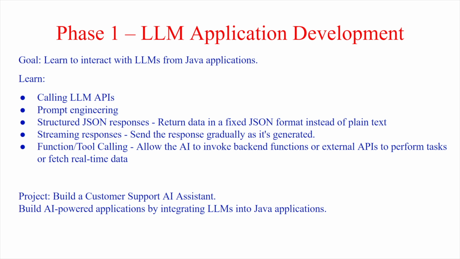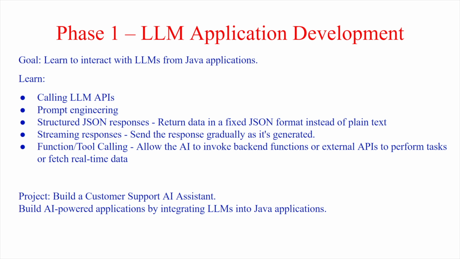For example, you build a customer support AI assistant, which is an AI-powered application built by integrating LLMs into our Java application. Thereby, you understand how to give a call to LLM APIs and how the LLM APIs will give a call to your hooks or controller endpoints.